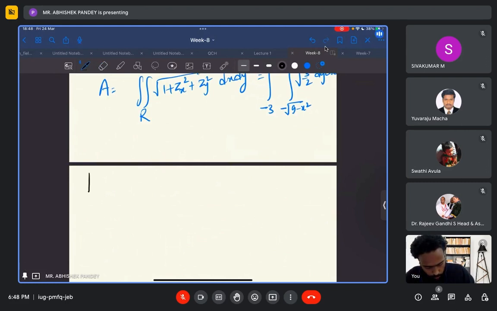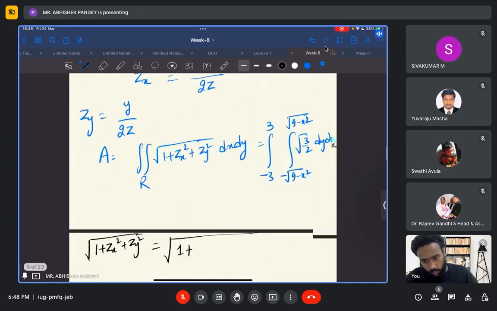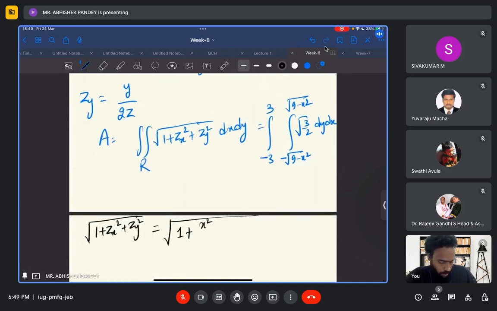So under root 1 plus zx square plus zy square, this is basically 1 plus zx is x by 2z, so this will be x square by 4z square plus y square by 4z square.